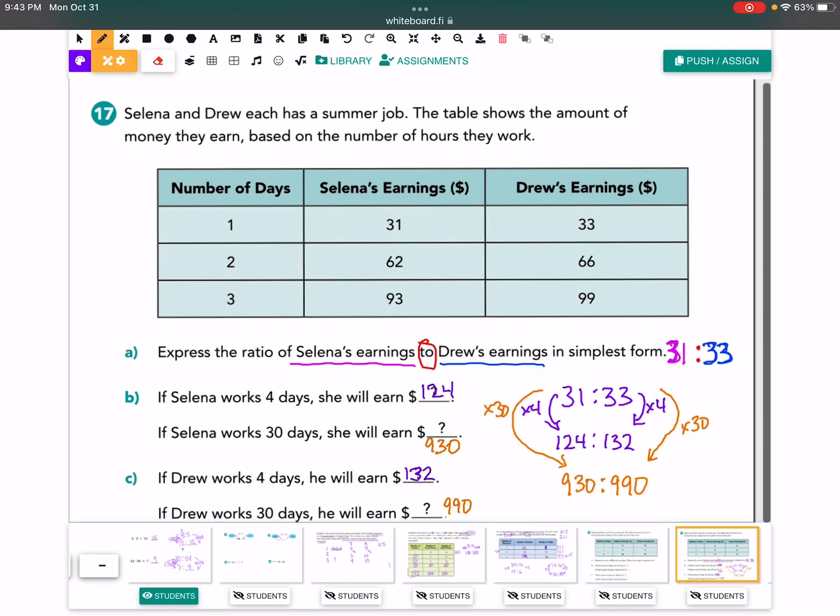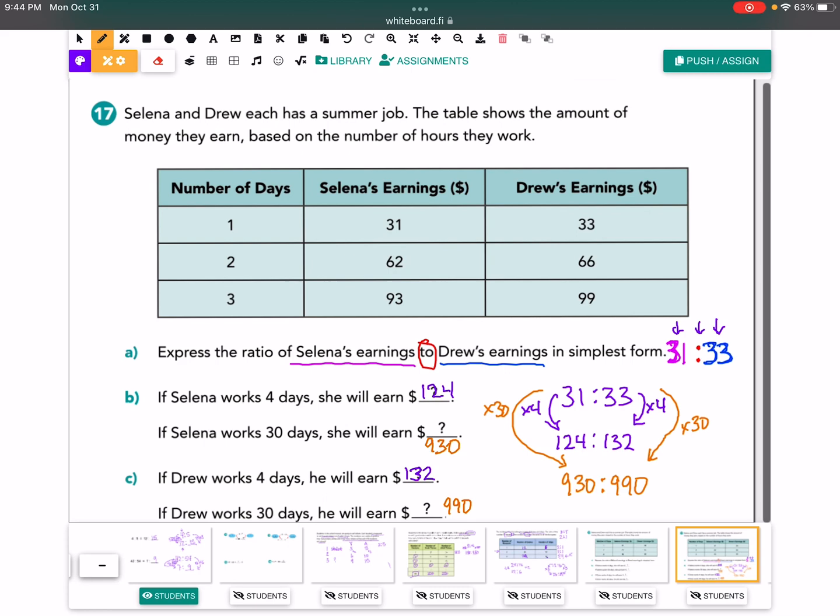Okay, so here are the answers for number 17. I just want to point out that the ratio is going to be expressed, and I've color-coded it for you, in a specific order: Selena's earnings to Drew's earnings. And you have that in this ratio right here, right? 31 to 33.